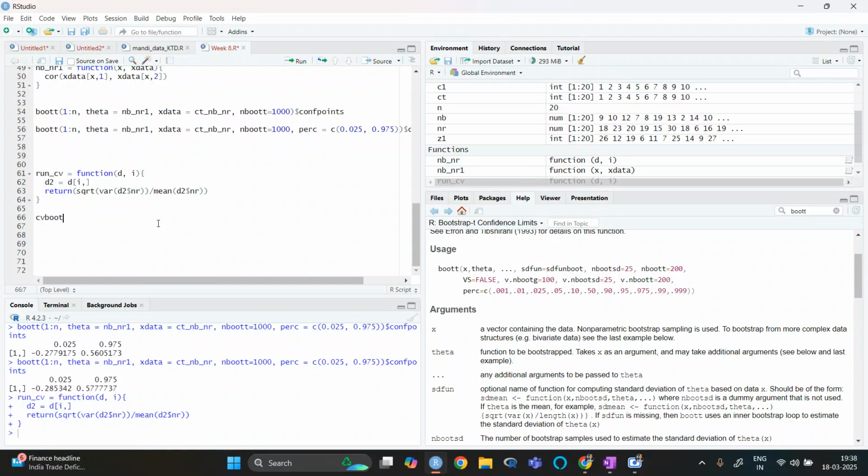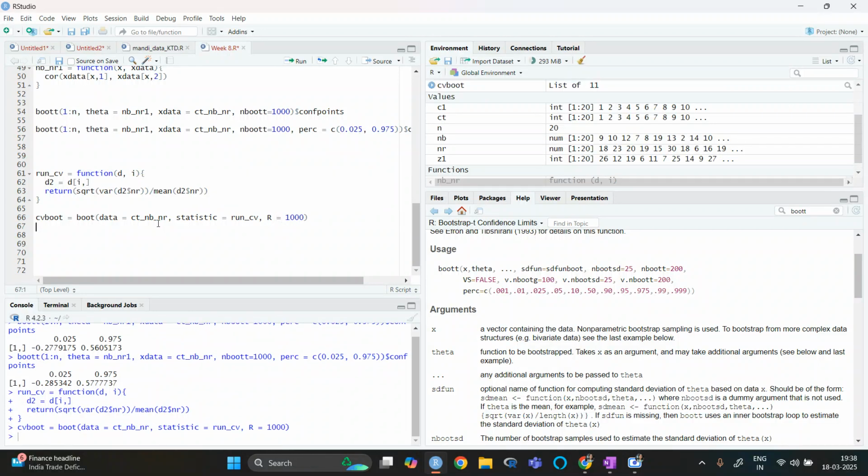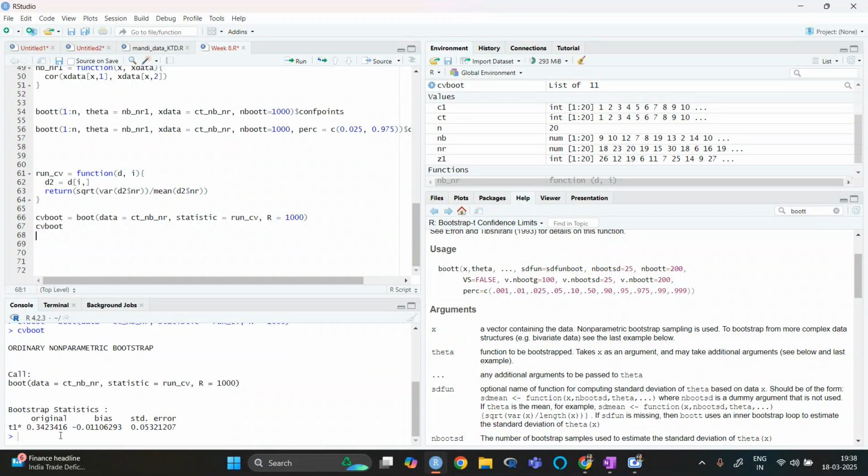Now if I do CV boot and take boot data as our data CT, NB, NR, and here I have the statistic as run CV and R equal to, let's say, 1000. So now CV boot is created. You can see the original one is this, the biasness is this, the standard error is this.